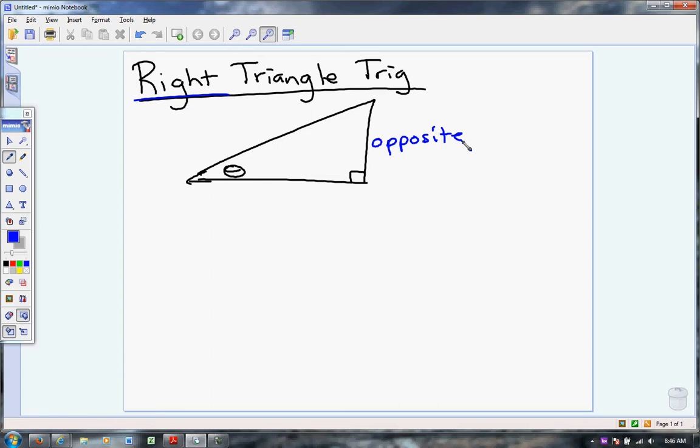And the side that is attached to this angle, that is not the hypotenuse, is the adjacent side. The hypotenuse is always the side opposite the right angle. It's always the longest side of a right triangle.